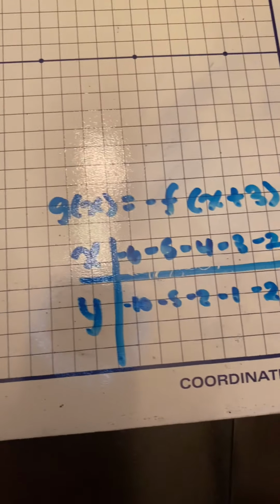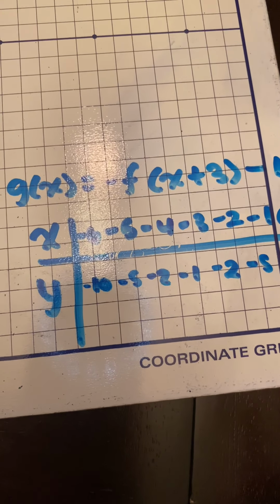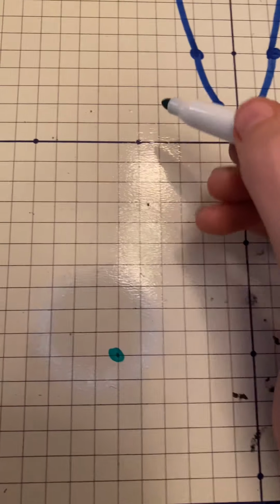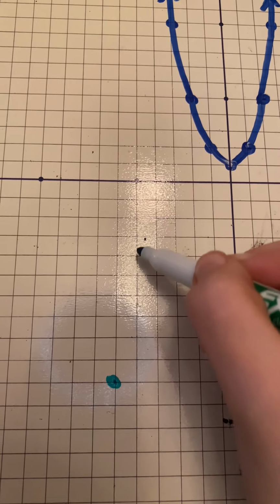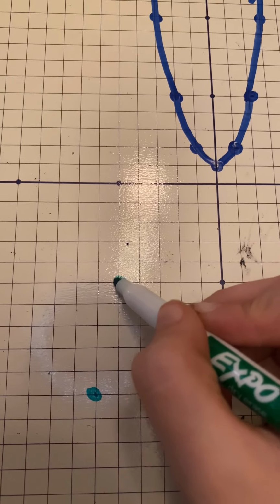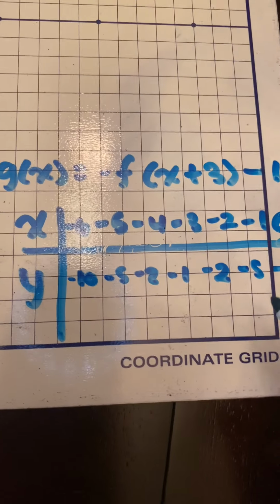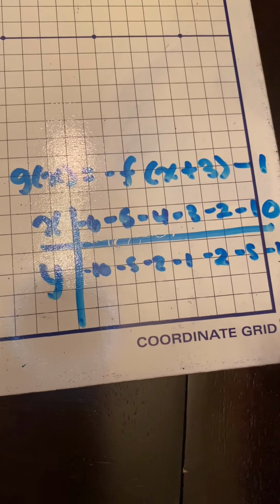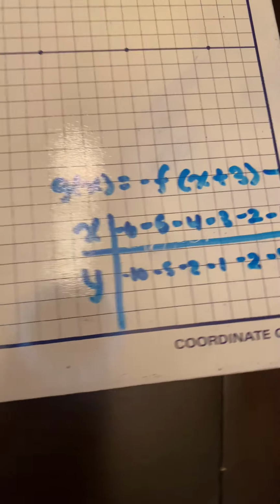Then when x is -5, your y is also -5. So -5, -5. Then when x is -4, y is -2.